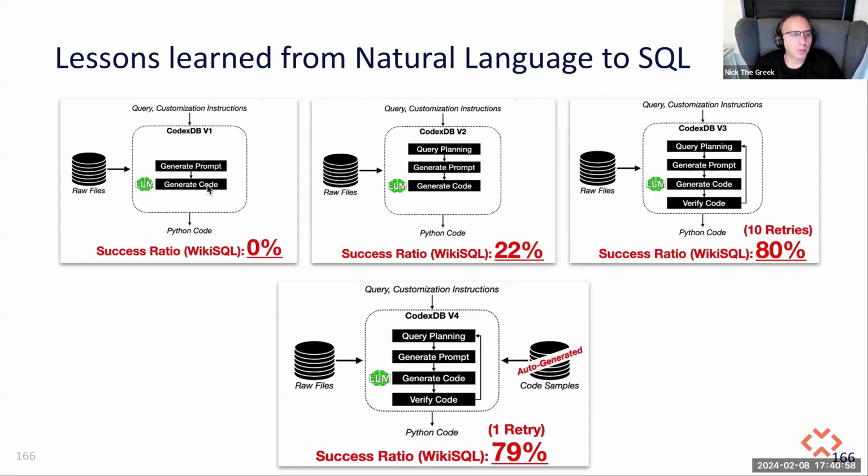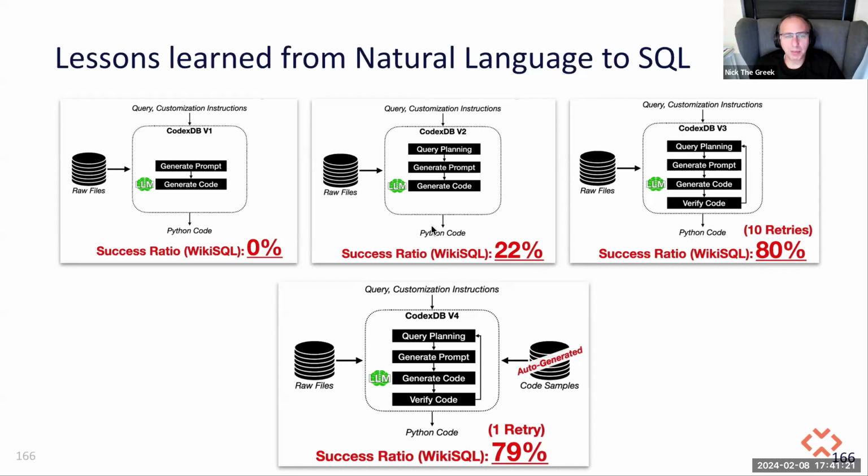It didn't really work that well in the beginning, but then they gave it what they call query planning, some instructions about how to do things, and it goes to 22%. Then they put in code verification, some assertions, and they tried 10 times.